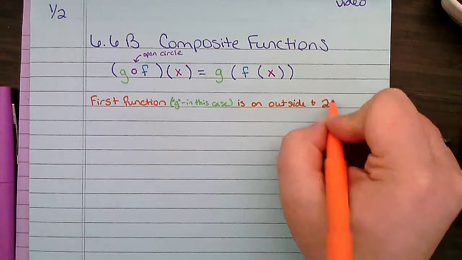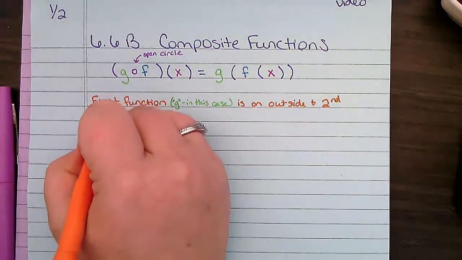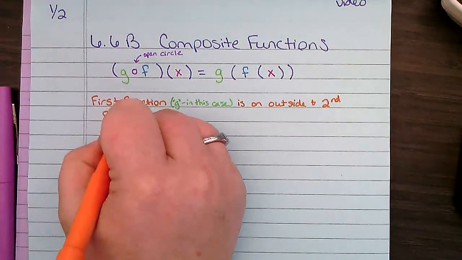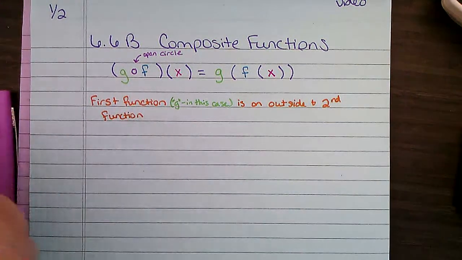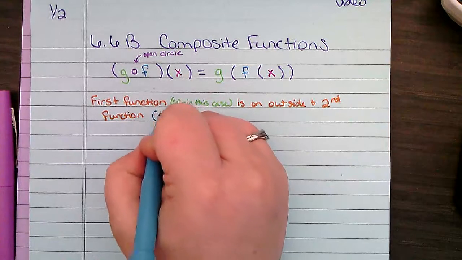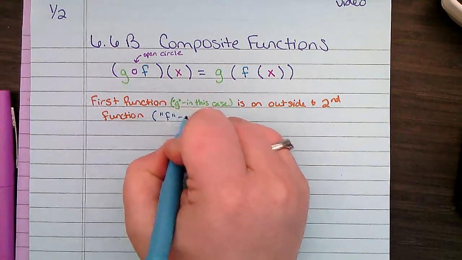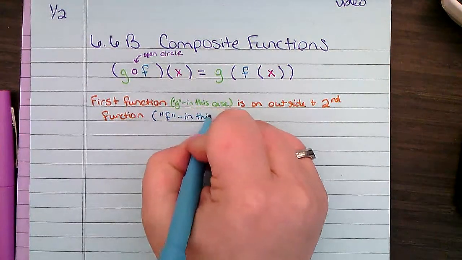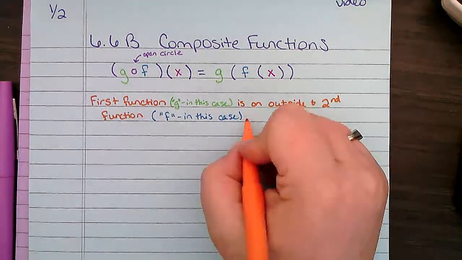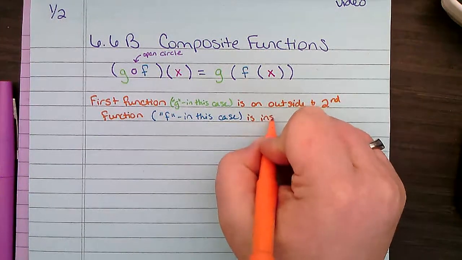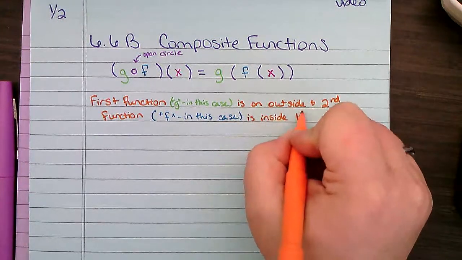And your second function, so what's our other function's name? If g is the first one, then my second one is named f. That goes inside the first function.